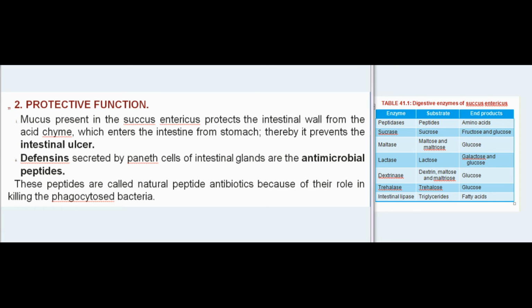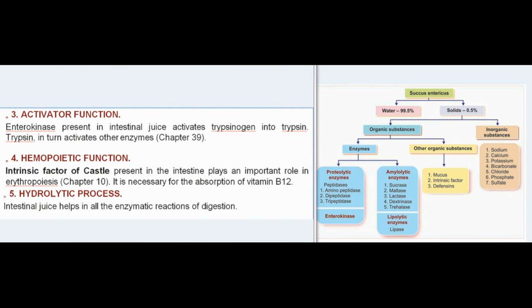2. Protective function. Mucus present in the Succus Entericus protects the intestinal wall from the acid chyme, which enters the intestine from stomach, thereby it prevents the intestinal ulcer. Defensins secreted by Paneth cells of intestinal glands are the antimicrobial peptides. These peptides are called natural peptide antibiotics because of their role in killing the phagocytosed bacteria. 3. Activator function.